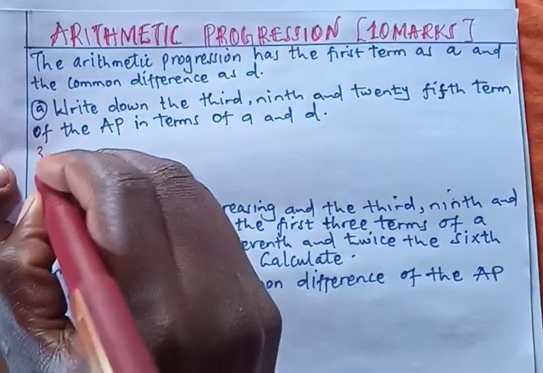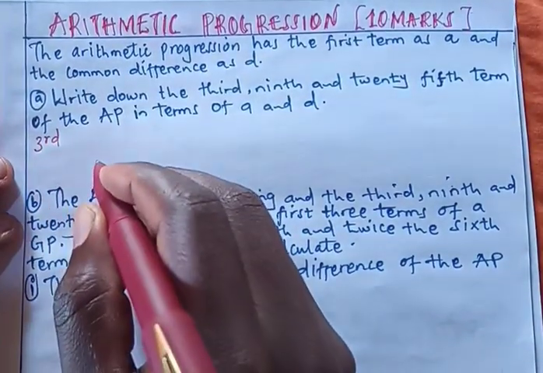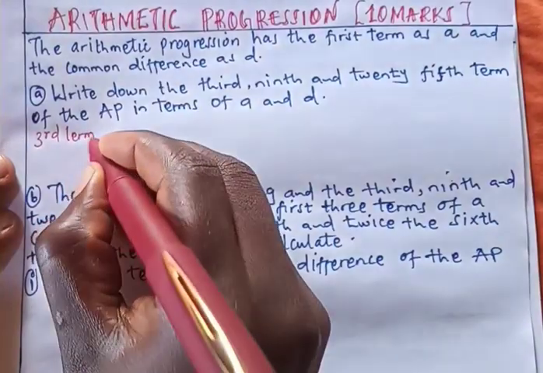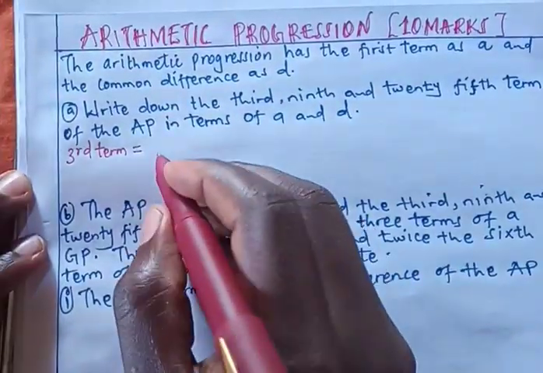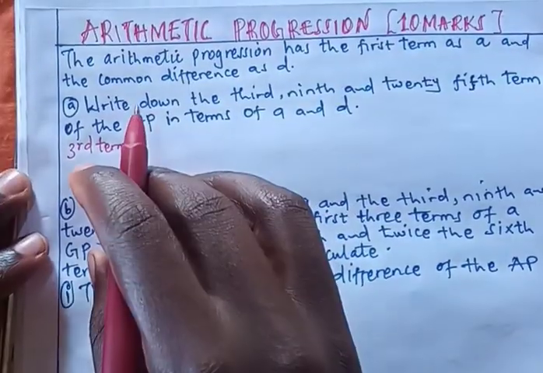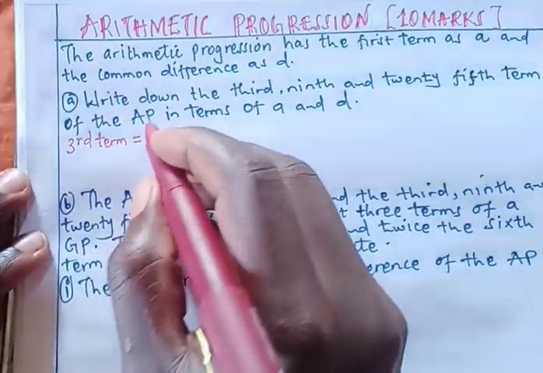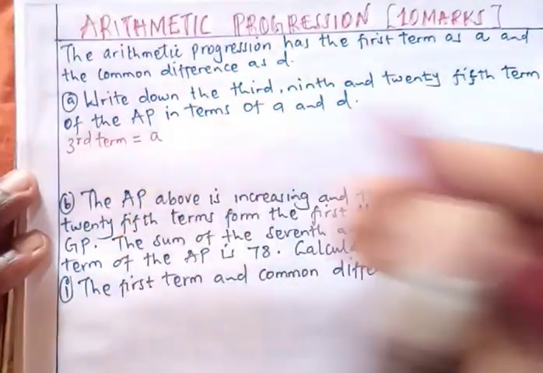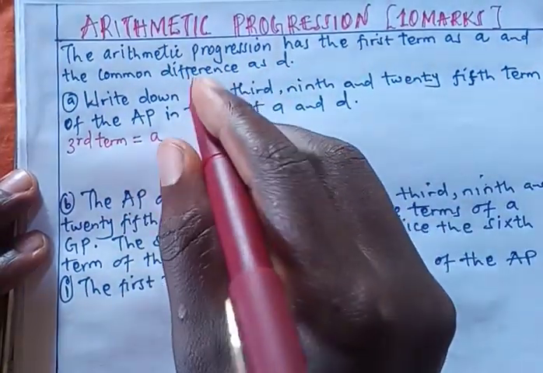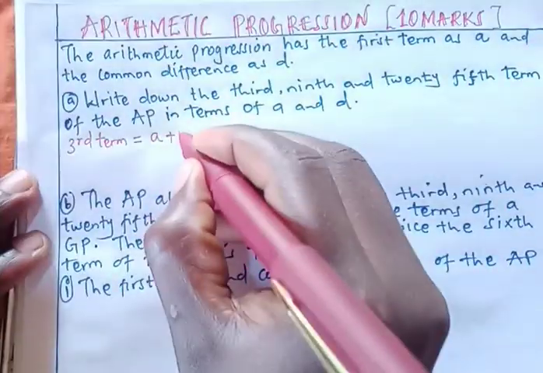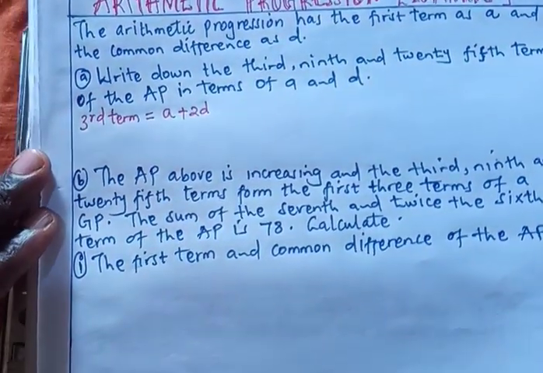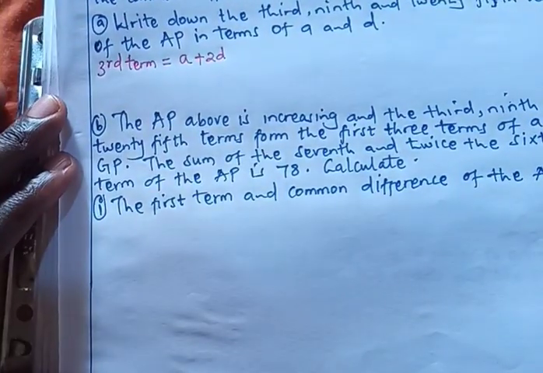Already we have been told that the first term is A and the common difference is D. Now, what about the third term? Our third term is going to be A plus 2D. That is the third term that we are going to have.